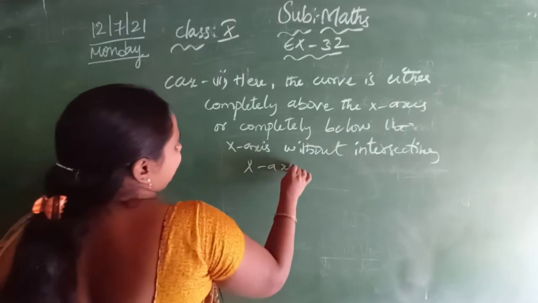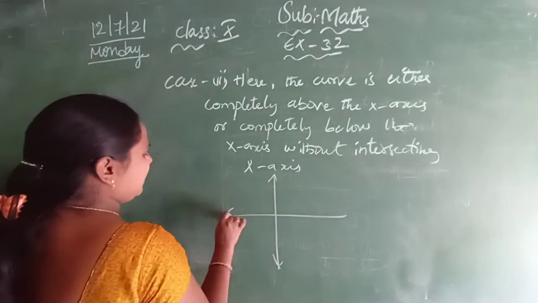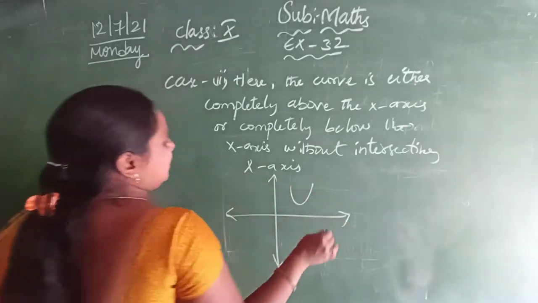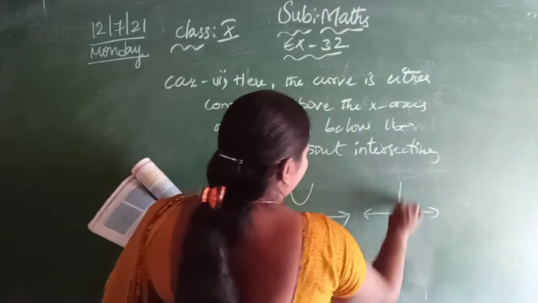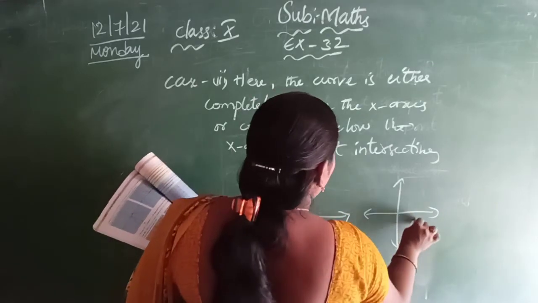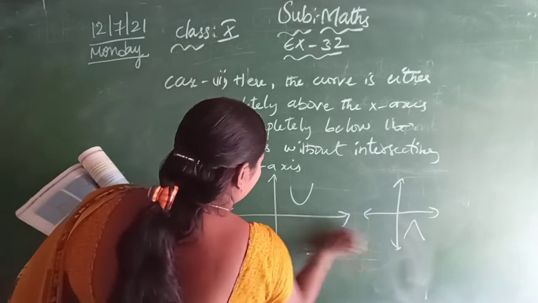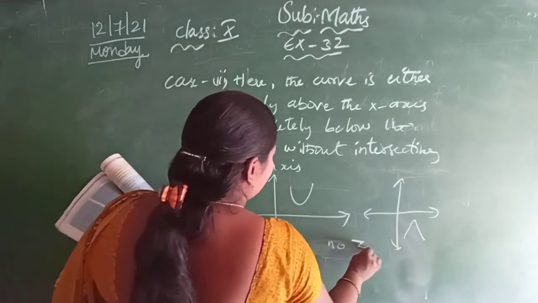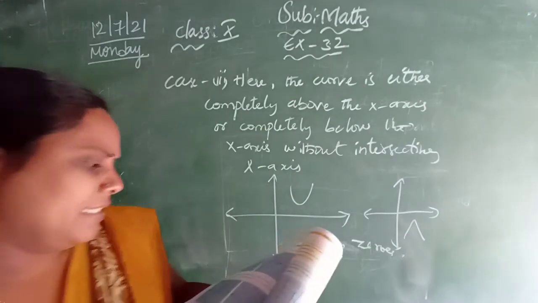That means how will the graph be here? If the curve does not intersect anywhere on the x-axis like this, we will tell that it has no zeros. We confirm that it has no zeros in this case. These are the 3 cases.